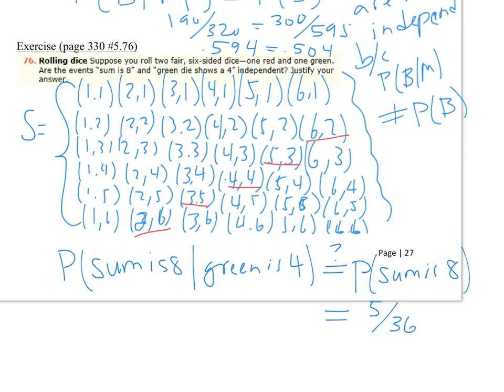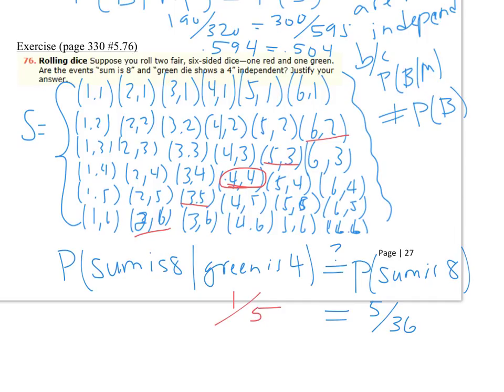And on the left side, given that the green die is a 4, the chance that the sum is 8 would only be this outcome, where the green die is a 4, showing that the sum is an 8. So now that is 1 out of the 5.